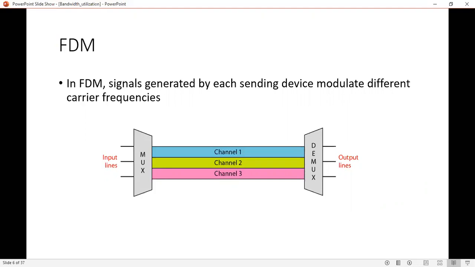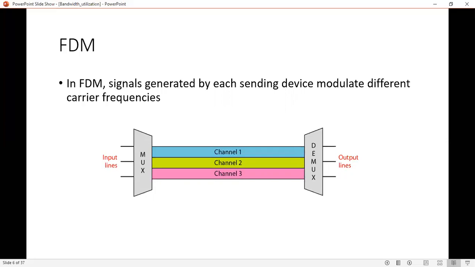In frequency division multiplexing, similar signals modulate different carrier frequencies. From the diagram, you can see that the data link is divided into channels. These channels are according to the frequency.